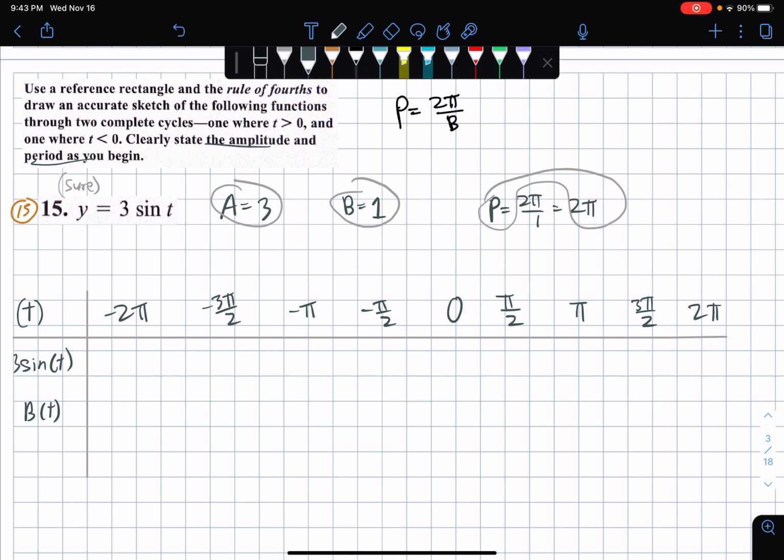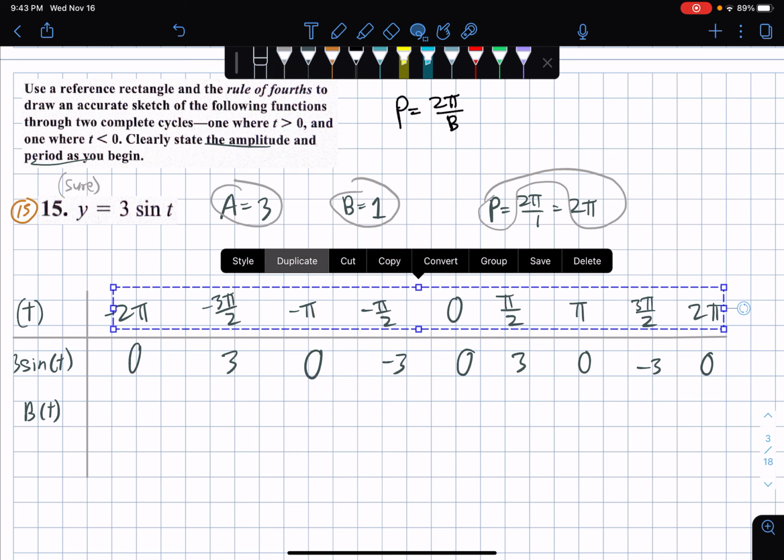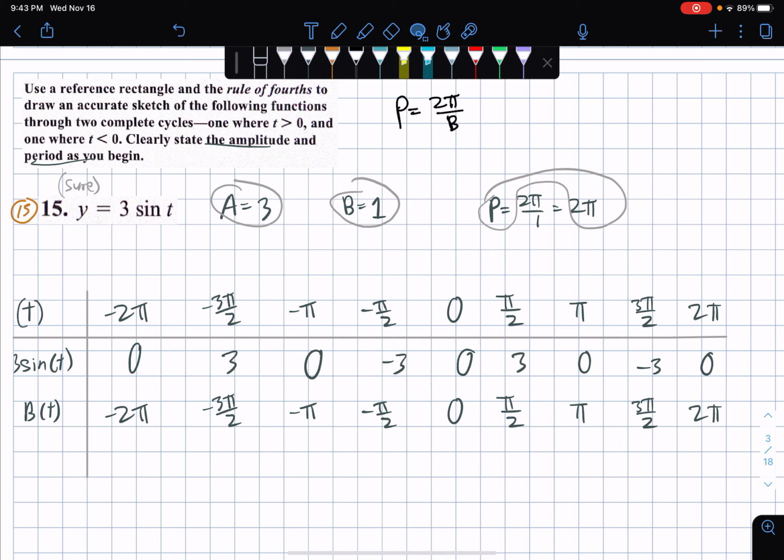So long story short, the values are as follows: 0, 3, 0, negative 3, 0, 3, 0, negative 3, 0. And for the t values, because b is still equal to 1, they're the same.